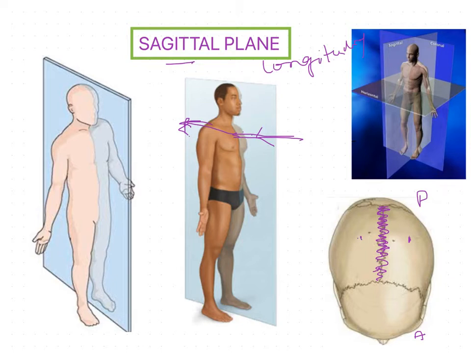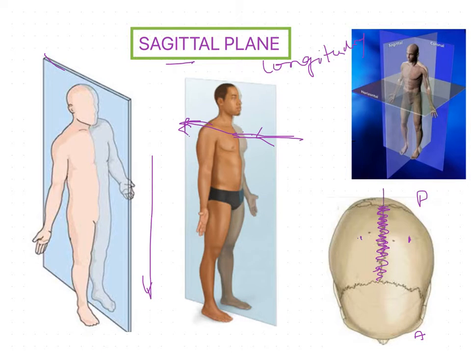Now we will discuss the sagittal plane. The sagittal plane is an imaginary vertical plane that passes through the center of the body.